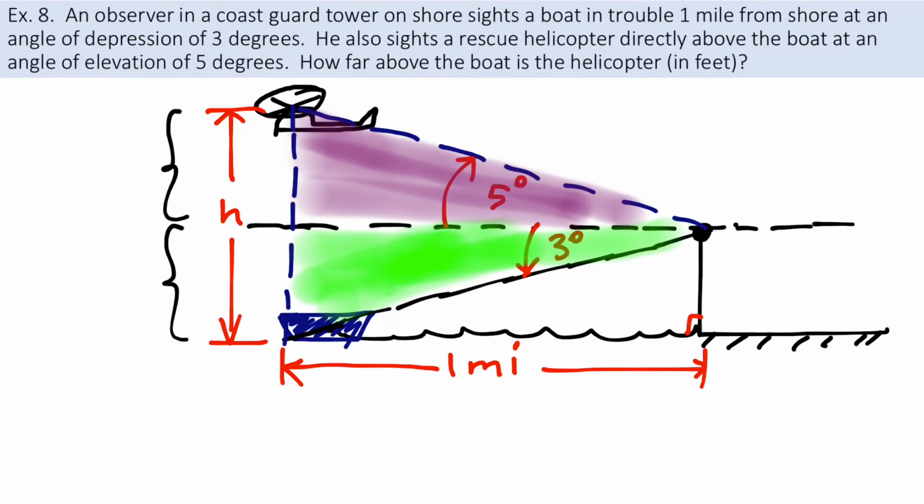In the 3-degree triangle, here's a right angle, and in the 5-degree triangle, here's a right angle here. So 1 mile in terms of feet, which we're supposed to be working in, is 5,280 feet.